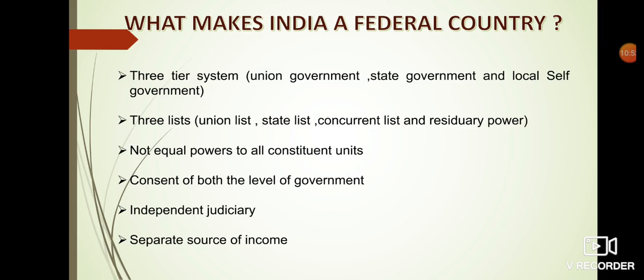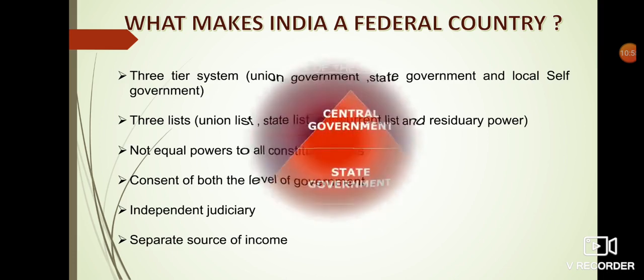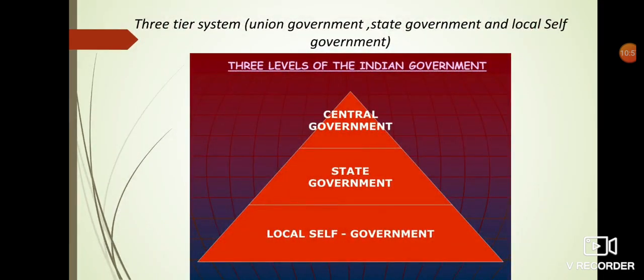3-tier system. Union government, state government, and local self-government are present here. The Constitution originally provided for a 2-tier system of government: the union government, or what we call the central government, representing the Union of India, and the state government.